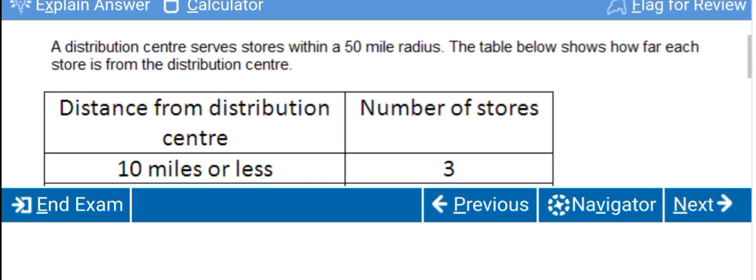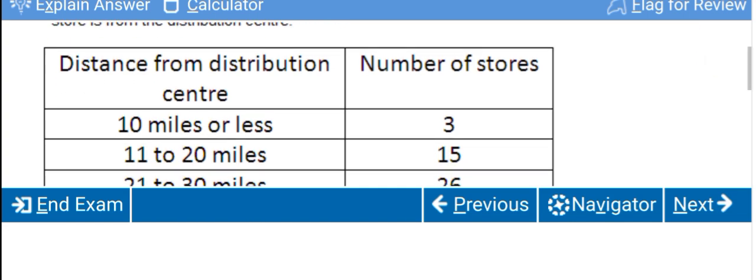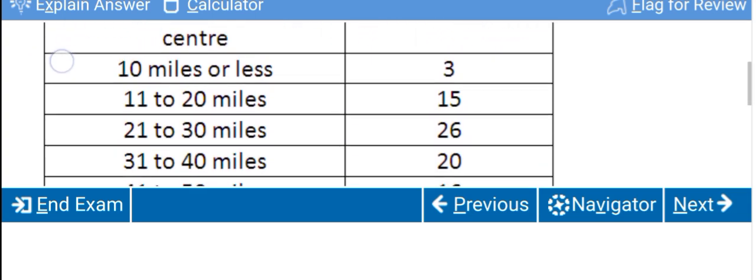Next we have question number 5, which says a distribution center serves stores within a 15-mile radius. The table shows how far each store is from the distribution center. Distance from distribution center and the number of stores.